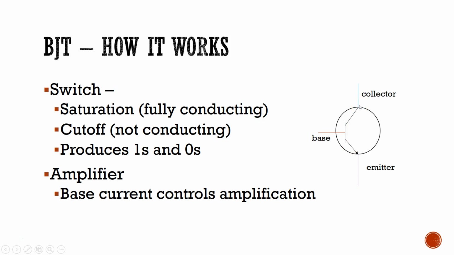When it's in cutoff, the collector to emitter junction will have the complete amount of voltage that's applied to the circuit here. So if all the voltage is here, this is acting like an open or a big resistor and consuming all the voltage. There's no voltage for the rest of the circuit.